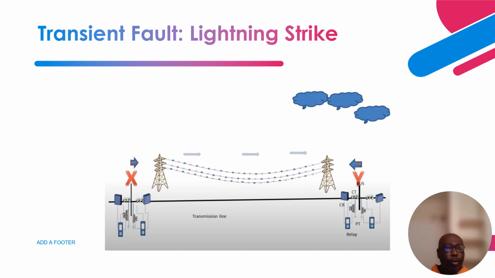Okay, so remember I made mention that a typical transient fault is a lightning strike, right? So you have the cloud over here, and you have a lightning strike on this conductor.